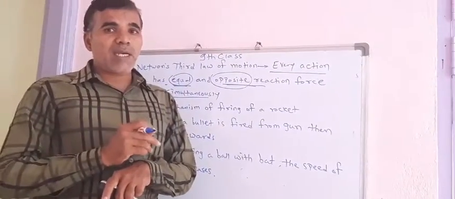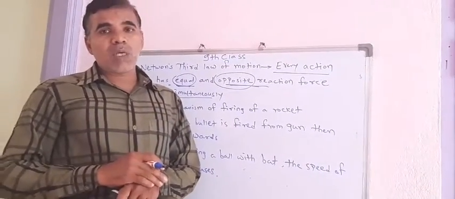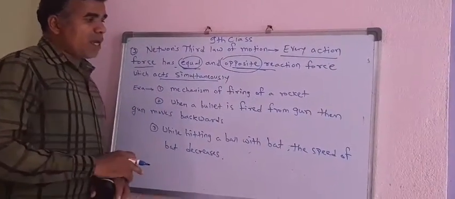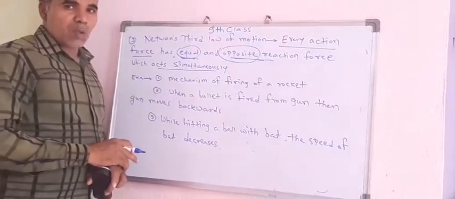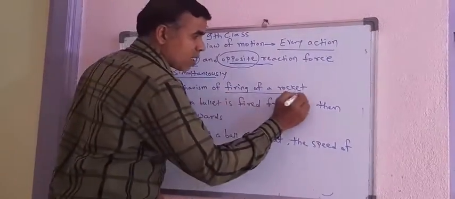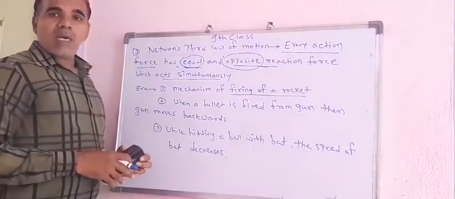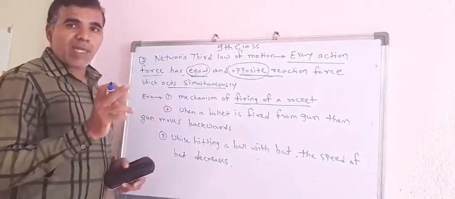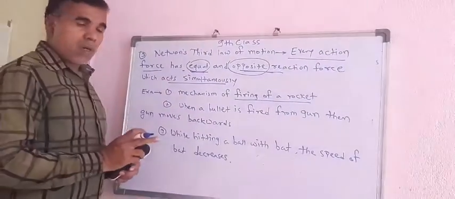Some examples related to Newton's third law of motion. Number one, the mechanism of firing of a rocket is an example based on Newton's third law. Action and reaction occur simultaneously in this example.